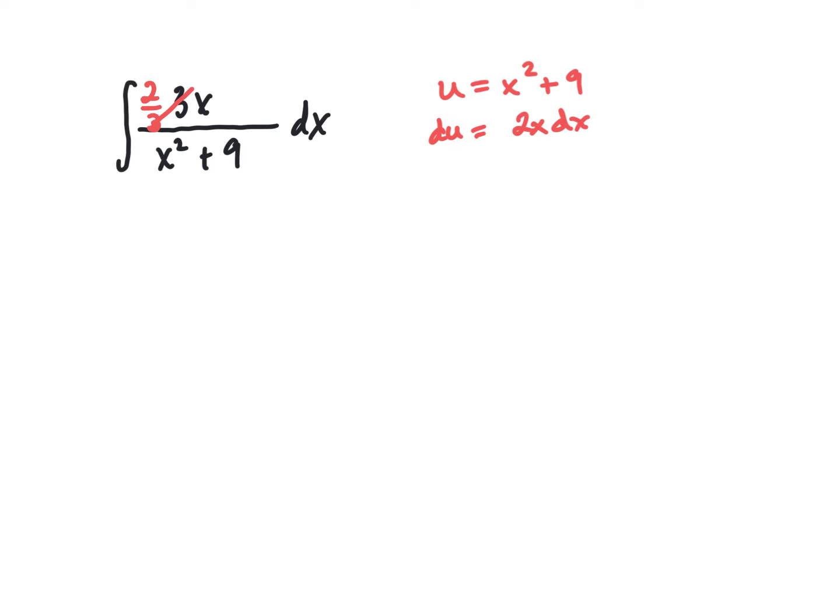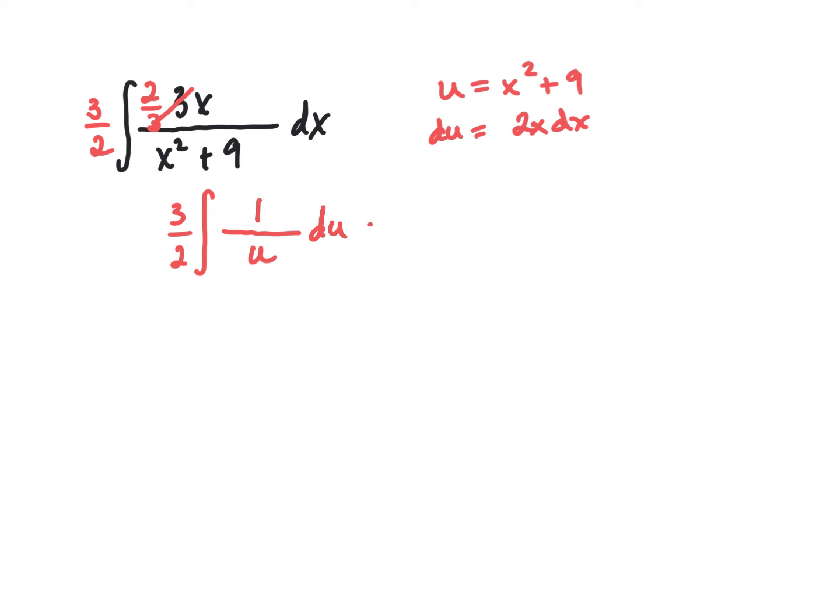Now, obviously, if I'm going to multiply inside by 2/3, I've got to undo that with a 3/2 out front. So my integral becomes 3/2 times the integral. The entire denominator was u, and because I now have a 2x dx, I can replace that numerator with just du. I usually like to write it like this, 1 du.